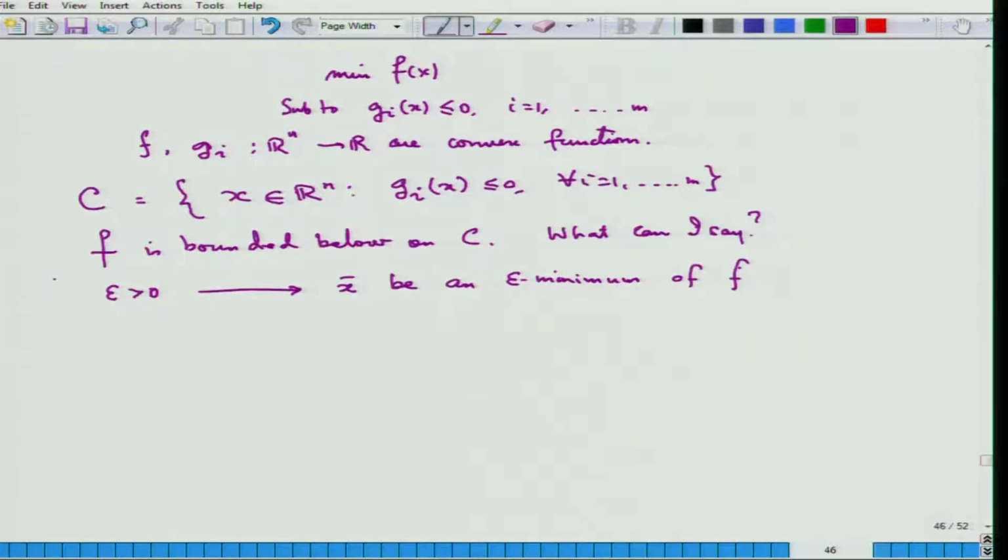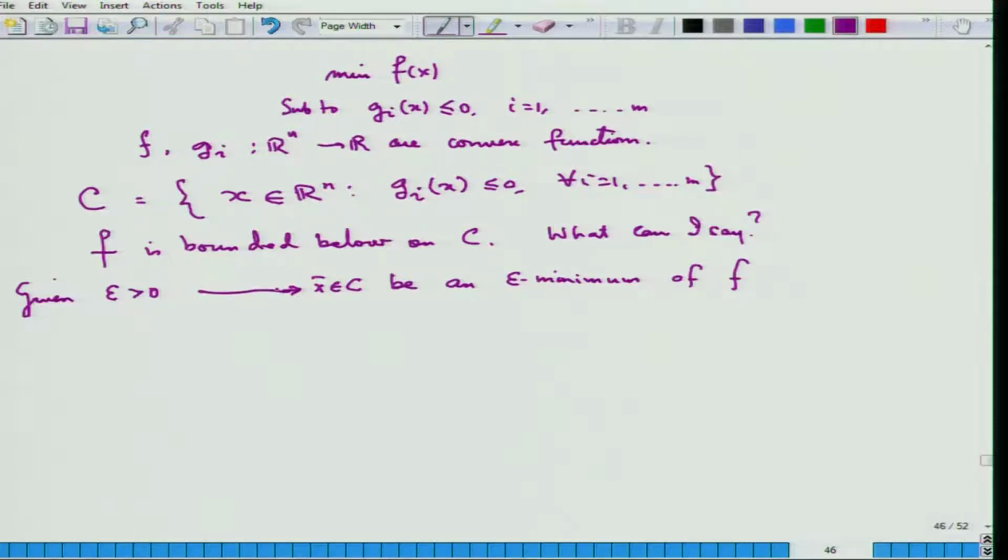Whenever a function is bounded below, there is an x bar in C. So, given epsilon greater than 0, there would exist x bar element of C which is an epsilon minimum of f.